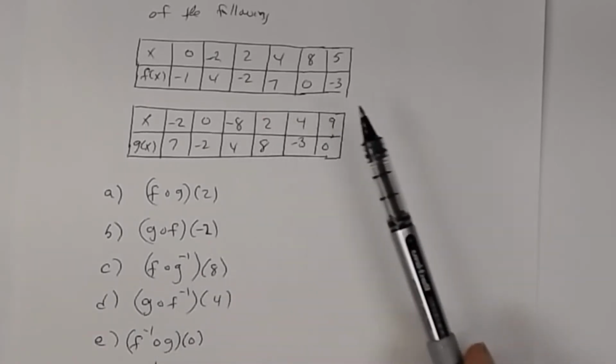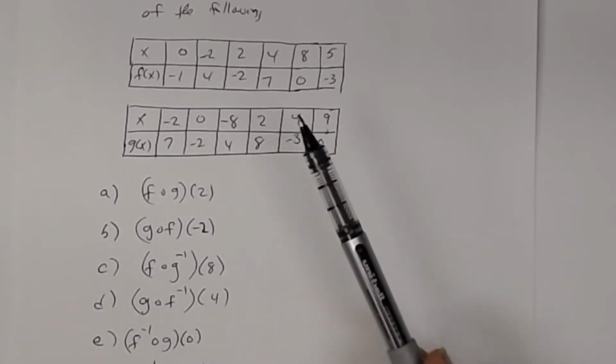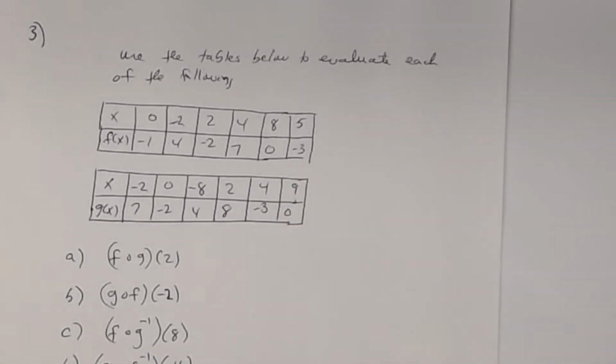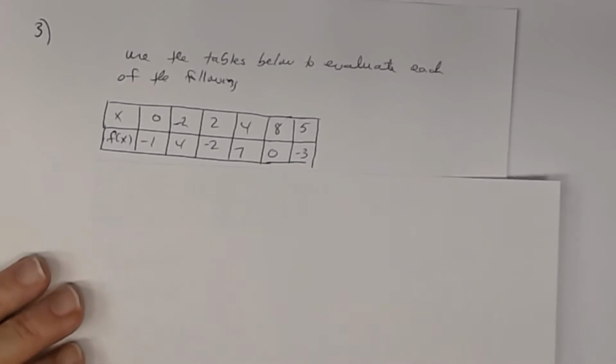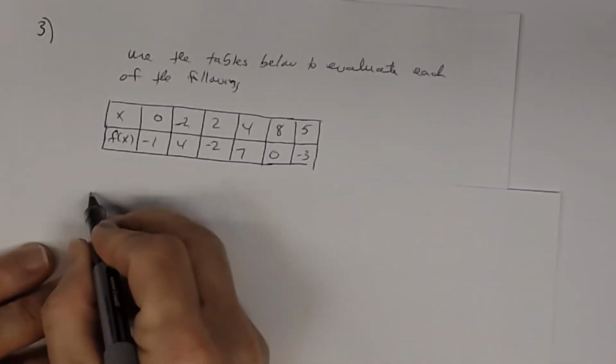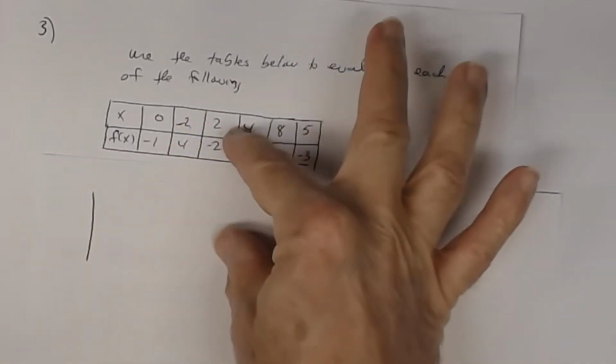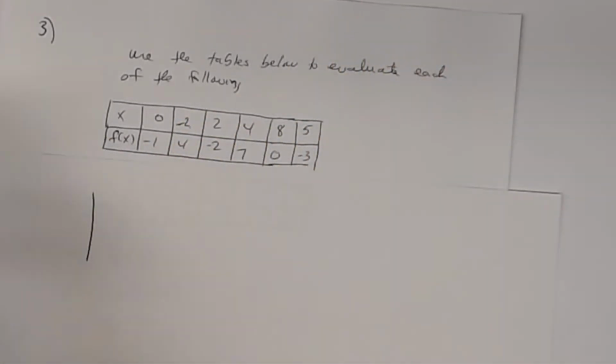So let's go ahead. It is very helpful to create your inverse tables. So since I don't have enough room here, I'm going to do this on another sheet of paper. Real quickly, I'm going to rewrite the function tables, and then we're going to talk about the inverse.